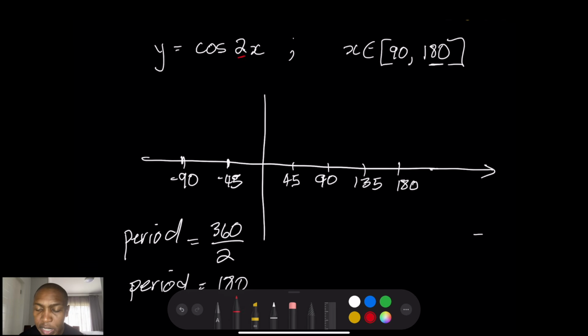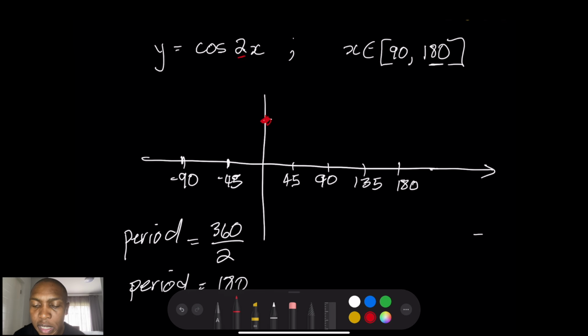Okay, let me draw it in a different color. My amplitude is still 1. So what the graph would normally do at 90, let's start at 0. What's the cos of 2 times 0? That would still be 1. Let me draw that in red. So that would be 0. And what would be the cos of 90 usually?